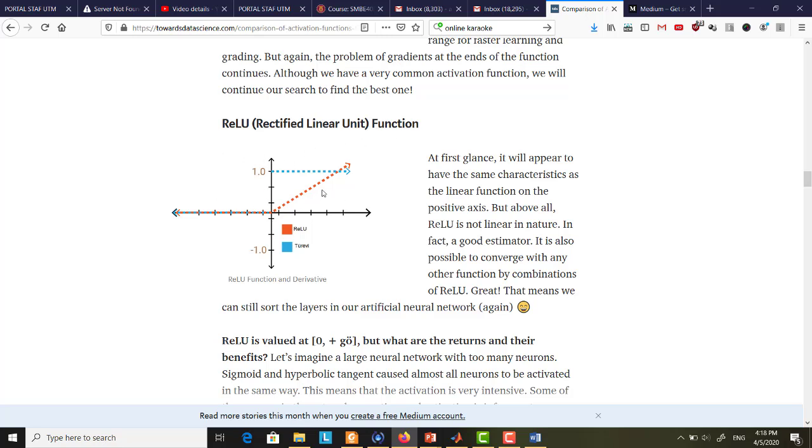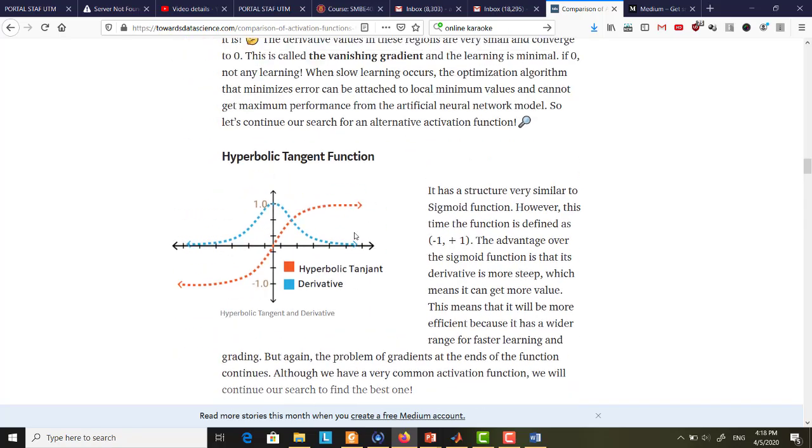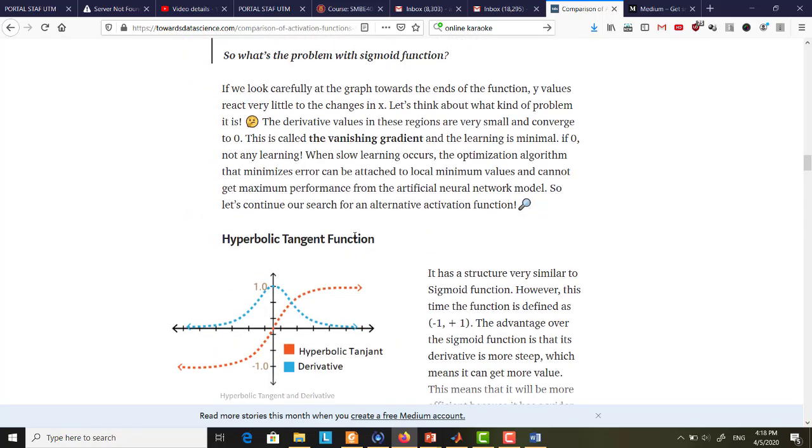This is the one that has been used in deep neural networks. You can see why: the value of the derivative of ReLU is bigger, so the updates become bigger and bigger, and it solves the problem of vanishing gradient.